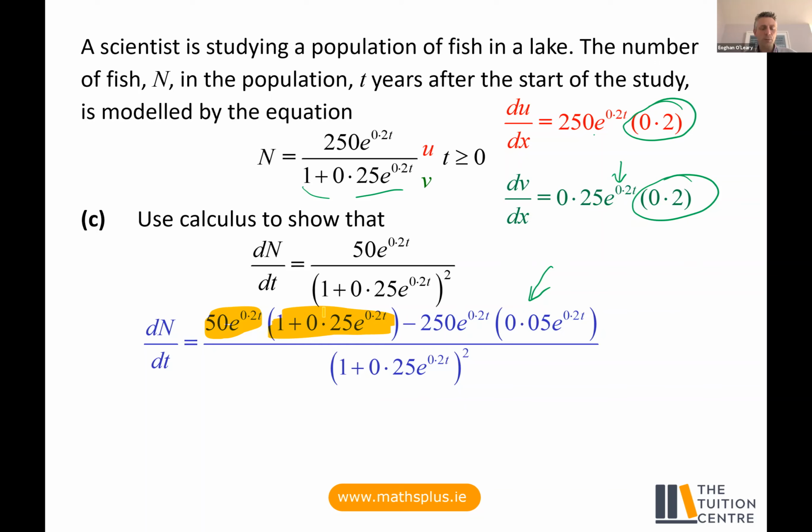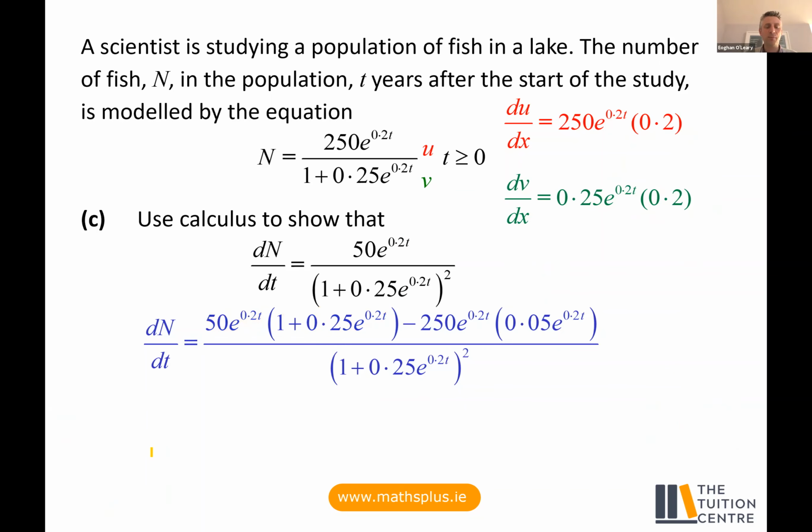So I'm going to be multiplying through those brackets. You'd remember that if you had e to the power of x times e to the power of y, you'd have e to the power of x plus y. When you're multiplying the same base, you'll be adding the powers.